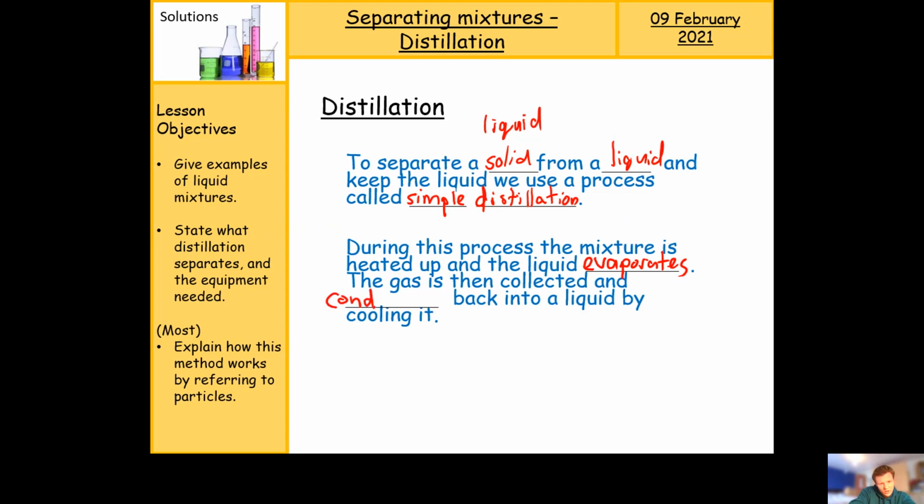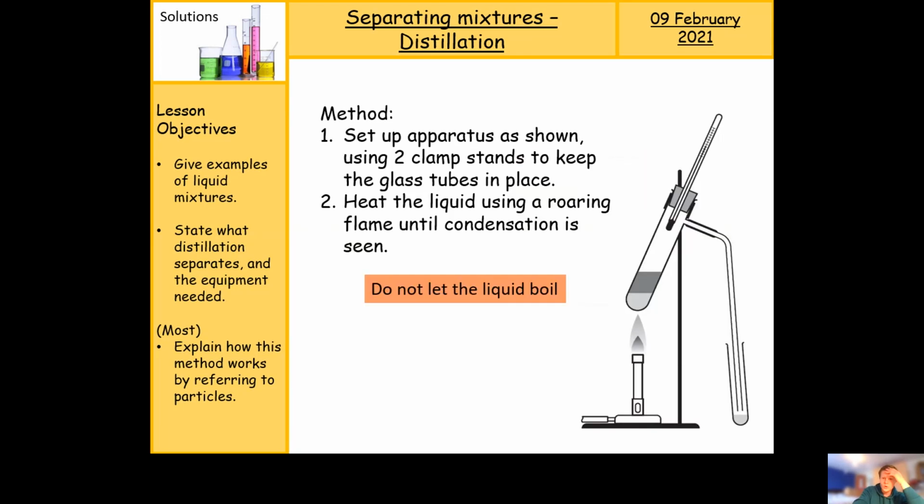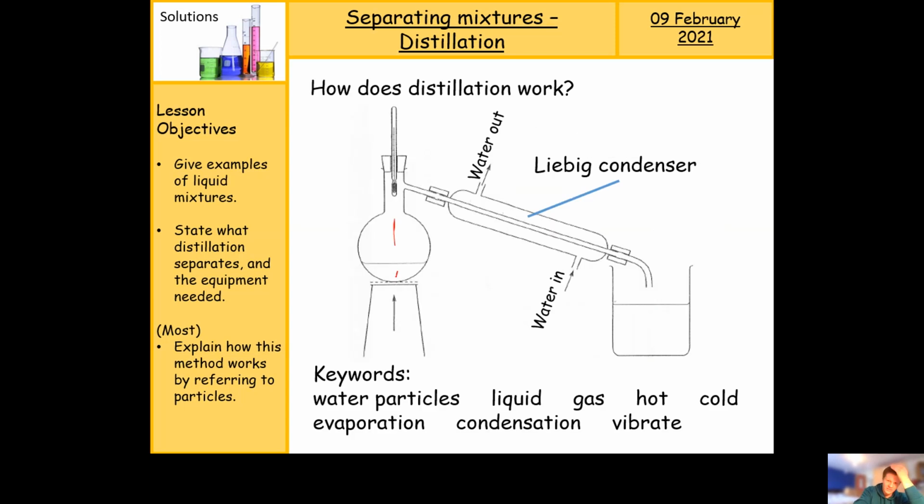This is condensing then, so it condenses back to liquid by cooling it. Either you can cool it just by having it in the air away from the flame, or if you're being fancy, you can get your Liebig condenser and have cold water pumped in and out to keep this nice and cool and get even more condensation.